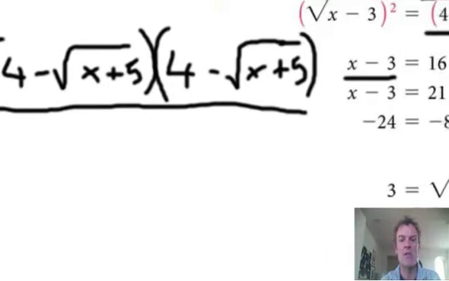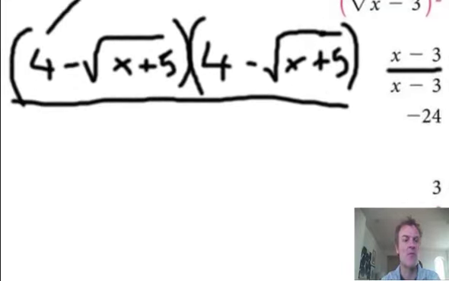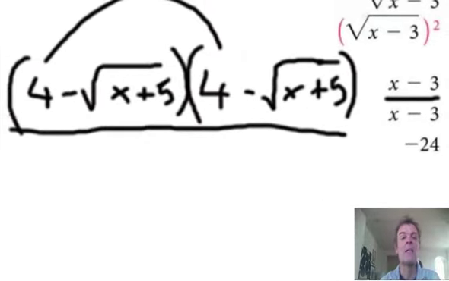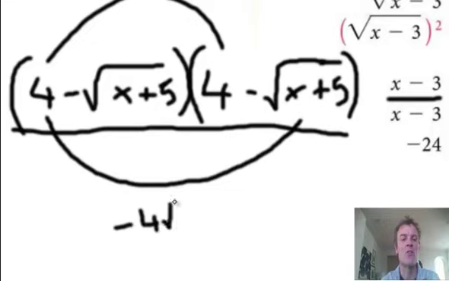I'm going to show you how they've got this by squaring it. 4 times 4 is 16. Now watch this. 4 times negative root x plus 5 is negative 4 root x plus 5.